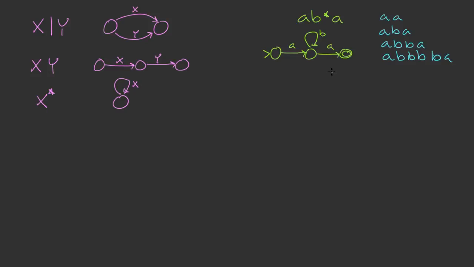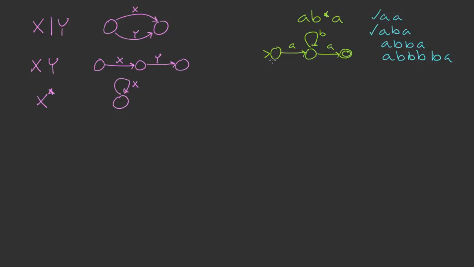We can see that this works for our examples. Let's try the first one, AA. We start at the starting state, follow one edge and get an A, then follow another edge and get the final A, and we end up in our accepting state, which means this string is accepted. Let's try the second one, ABA.